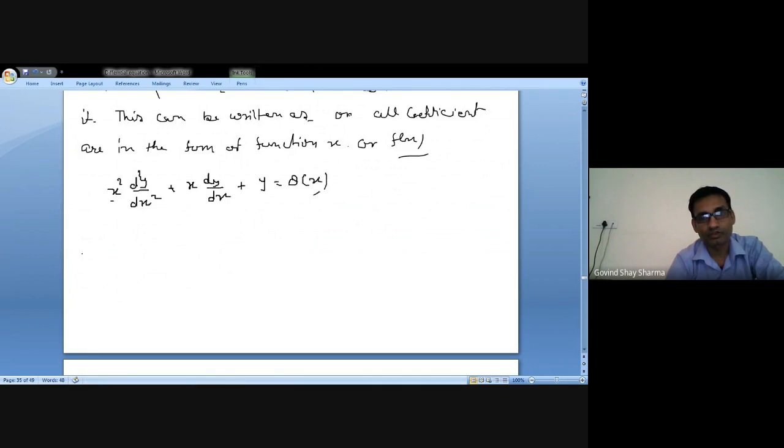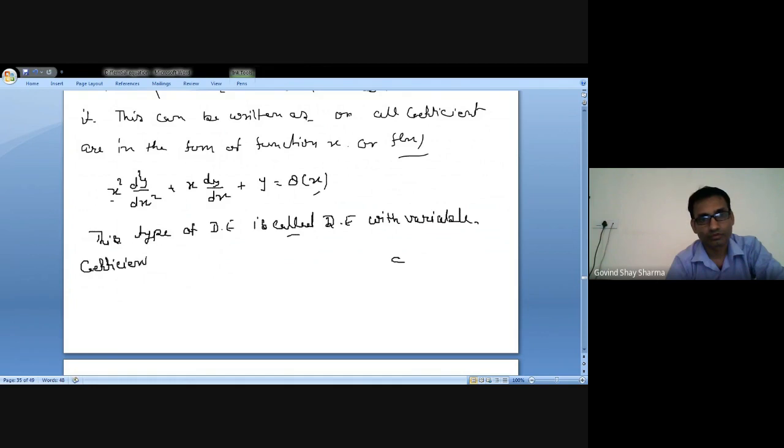This type of differential equation is called a differential equation with variable coefficient.